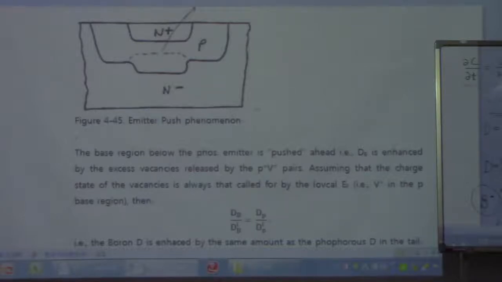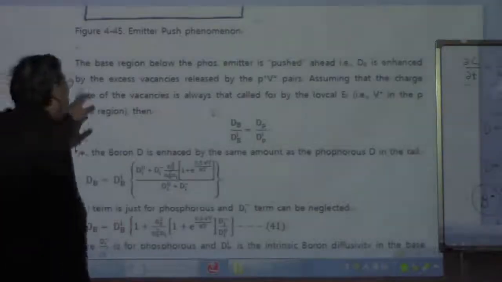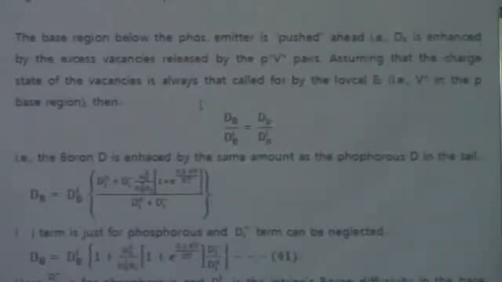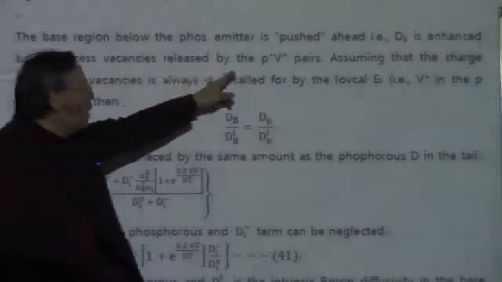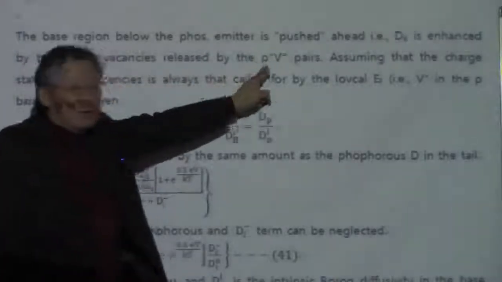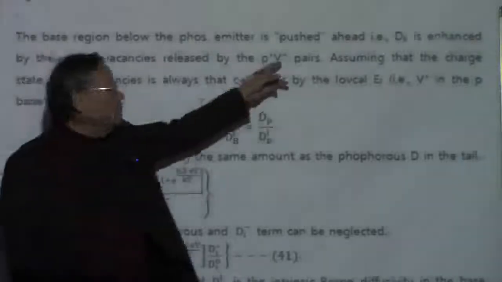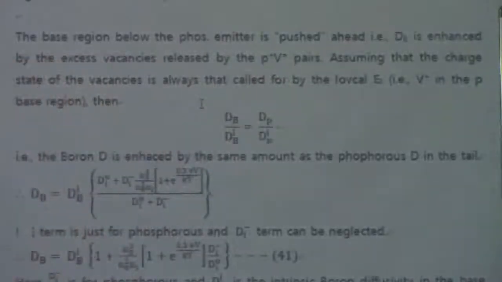Okay, now here the base region below the phosphorus emitter is pushed ahead. In other words, boron diffusion is enhanced by the excess vacancies released by the P plus V doubly negatively charged pairs, according to the dissociation reaction of the doubly negatively charged vacancies into the singly negatively charged pairs.